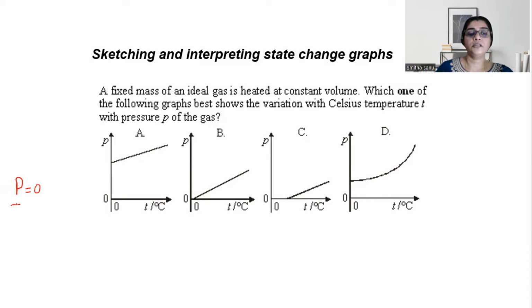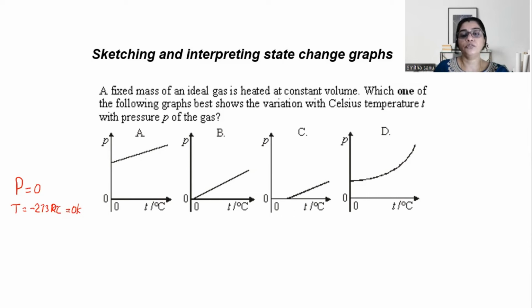That temperature is minus 273 degrees Celsius, which is called 0 Kelvin. At a temperature of 0 Kelvin or minus 273 Celsius, the pressure of an ideal gas goes to zero.